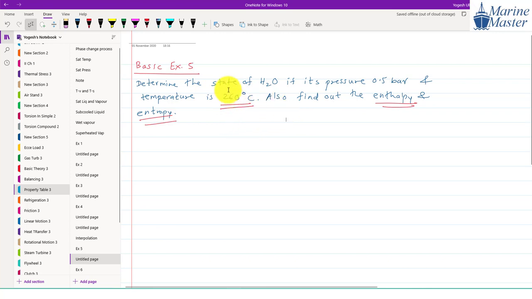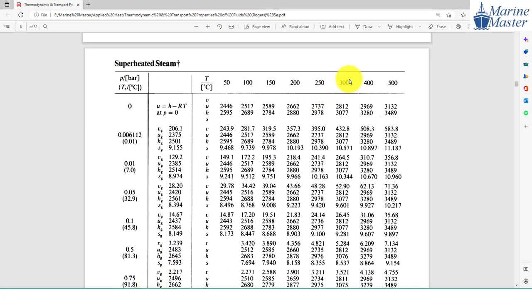For this one, we have to find out the state, enthalpy and entropy, guys. We know the state will be by default superheated vapor because temperature is greater than saturation. But how do we get the enthalpy and entropy for 260 degrees Celsius? Because 260 degrees is not available to us.